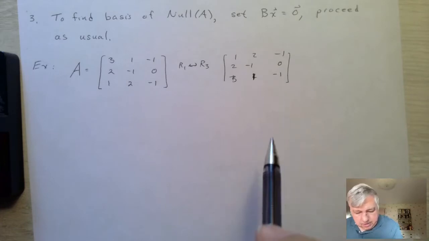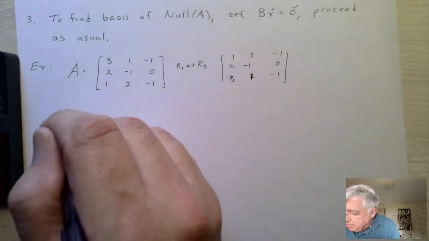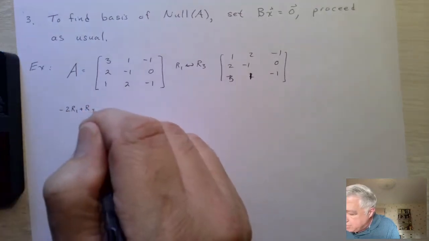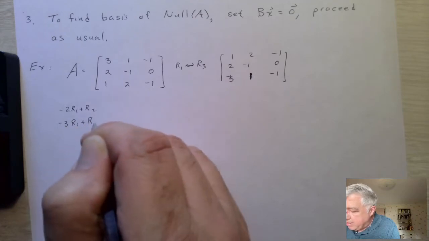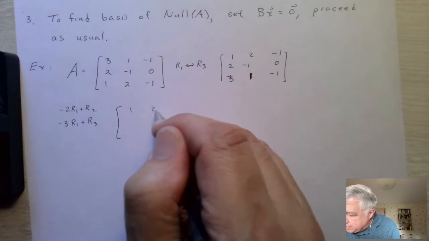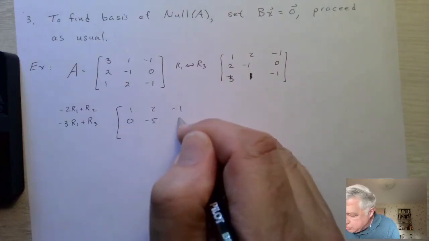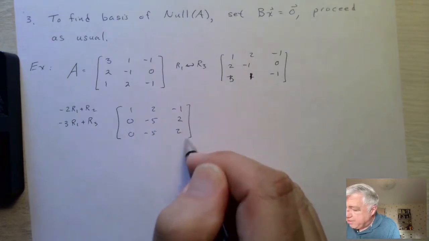All right. Then we want to get rid of the 2 and the 3, so we'll multiply -2r1 and add that to r2, and multiply -3 by r1 and add it to r3. And what we get is 1, 2, -1, 0, -5, 2, 0, -5, 2, if we do everything correctly.